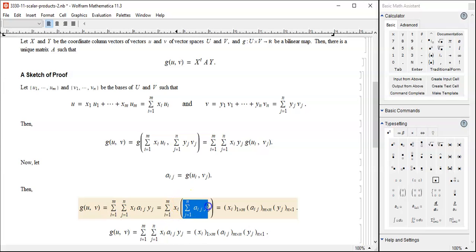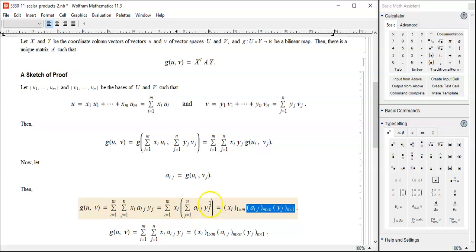And then look at this part. This is a matrix multiplication. aij, that's the matrix, and then j is going from 1 through n, and only that. So that's going to be y1, y2, y3, all those rows matching the column. So it's a matrix multiplication. We have matrix A times column vector y here.